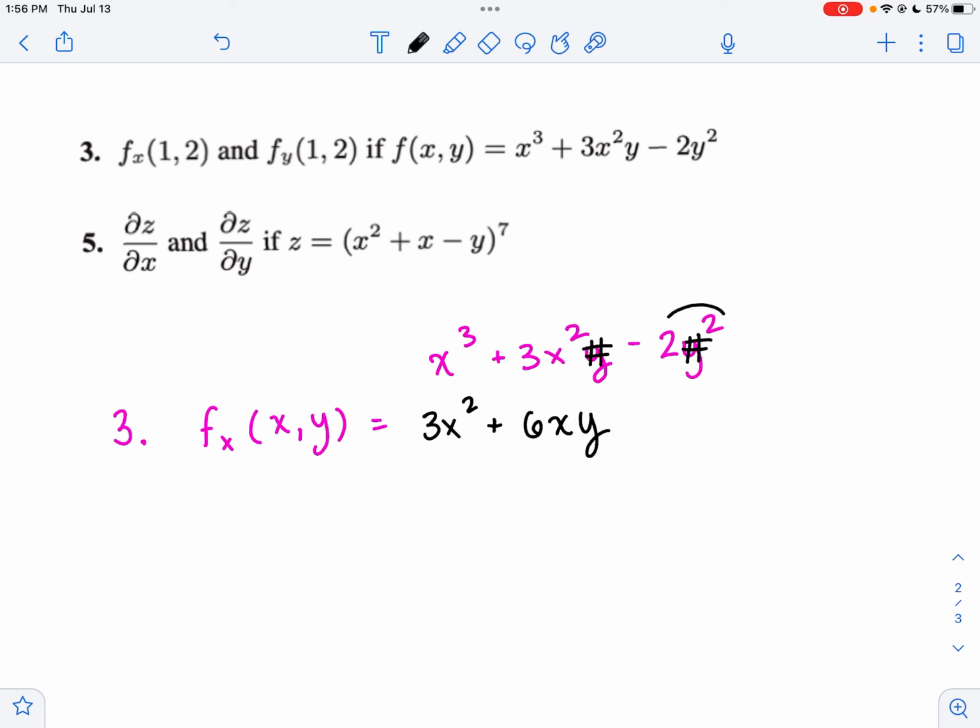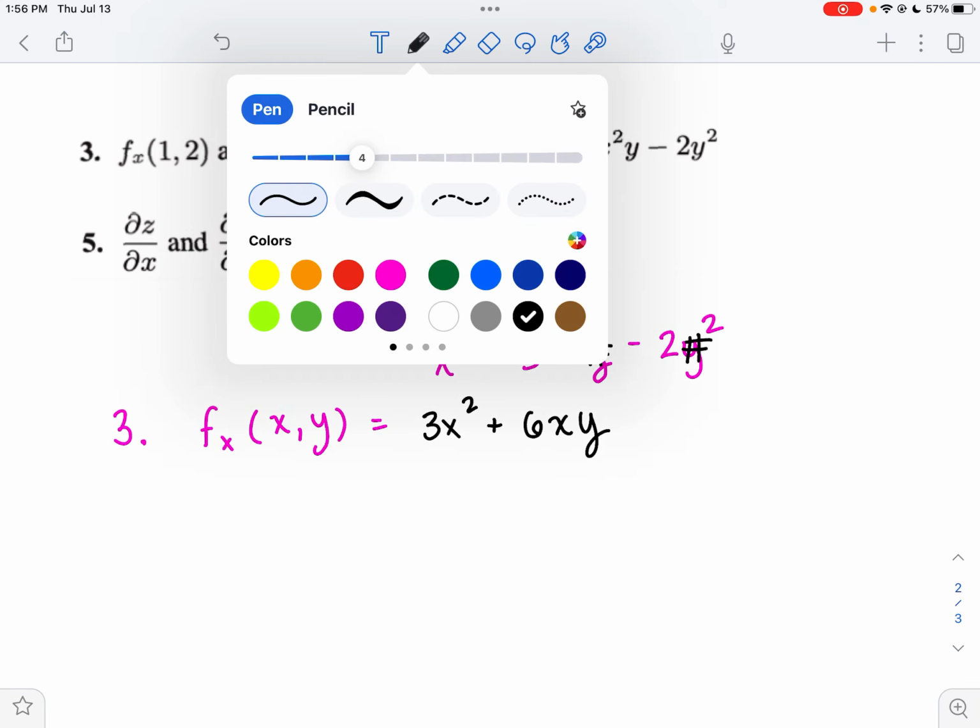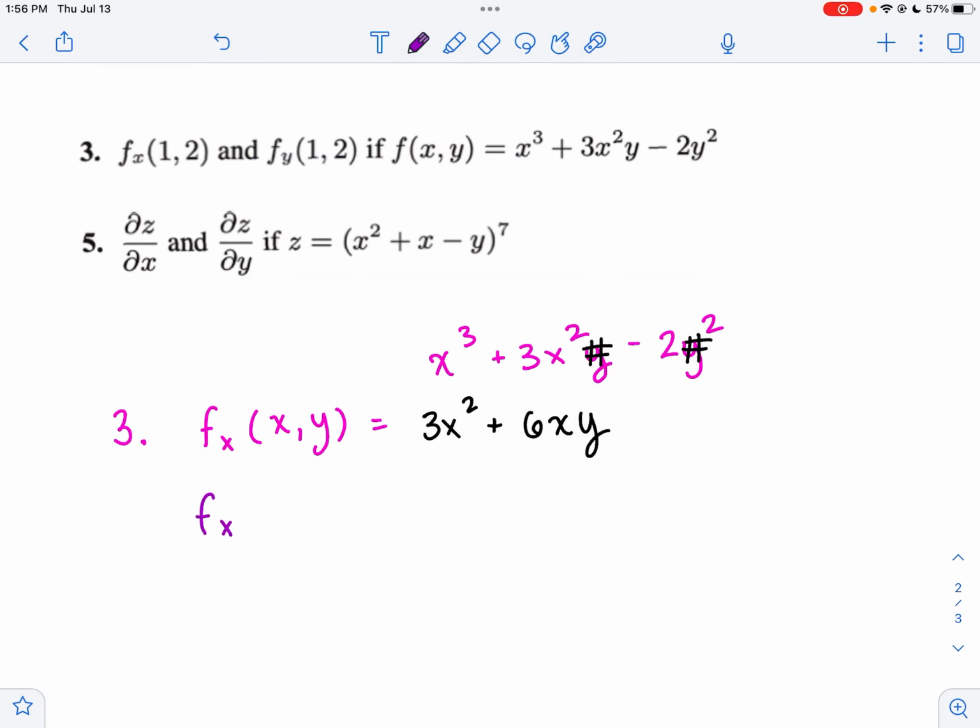For our last case in this right-hand value, we can see that there's no x's in that value, meaning this would just be a number. We know that if you take the derivative of any constant, you end up with 0. So we don't need to write anything down for that. Now, in this specific case, we really want to find what happens if we plug in (1, 2).